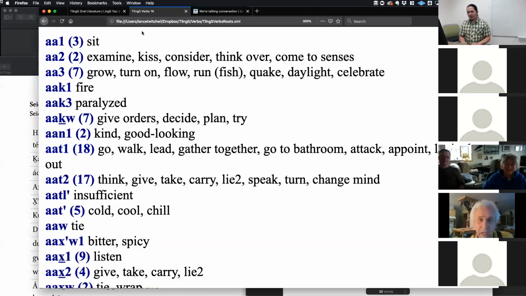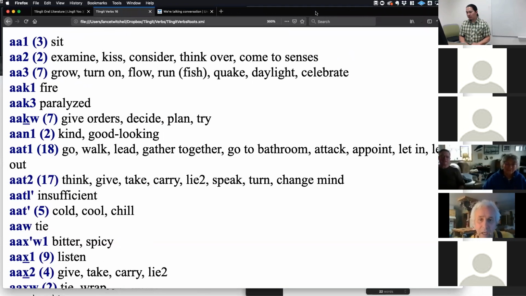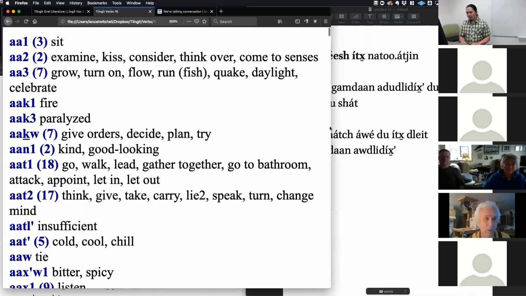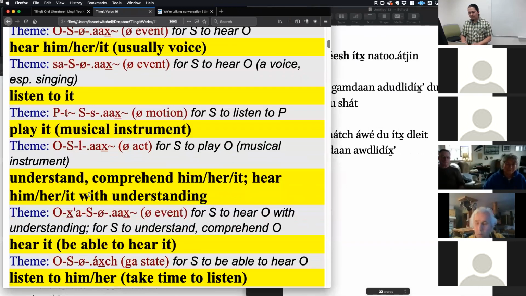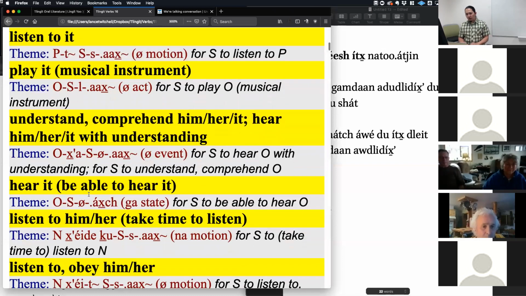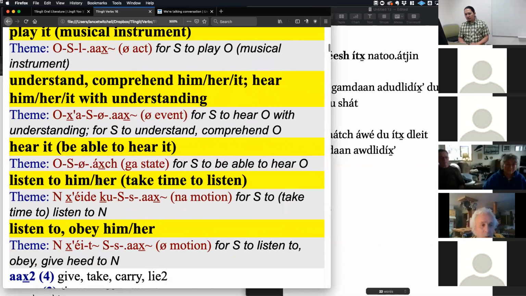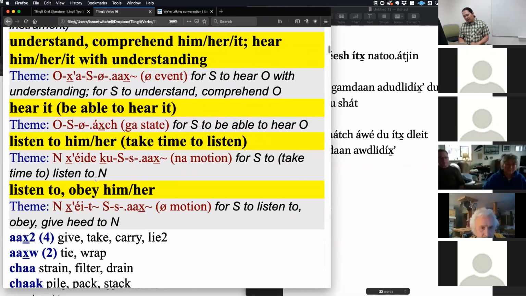Okay. Yeah, this will be a similar thing. So we'll go down to listen, and then take time. There's kind of two different ways to come at that, and so there's two different verbs.